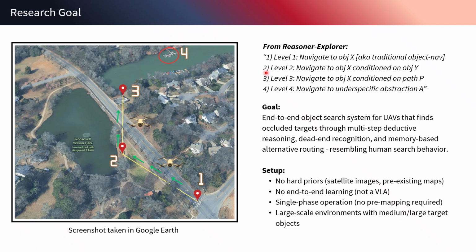For instance, level 2 would be object navigation conditioned on some other object, like for instance avoiding forest. Level 3 would be conditioned on path, like choosing and following a certain path before finding an object navigation goal. And then level 4 is something a bit more abstract, definitely requiring ambiguous instruction understanding, so possibly some sort of reasoning model.